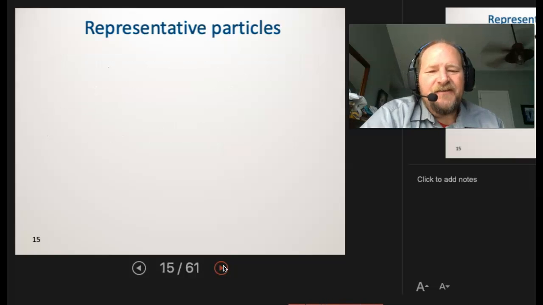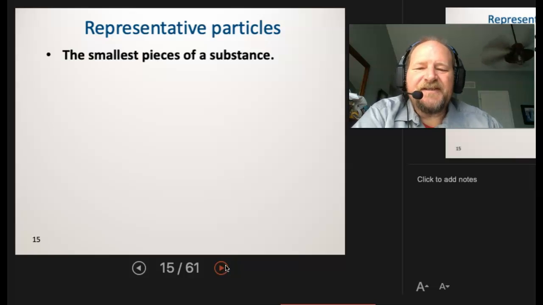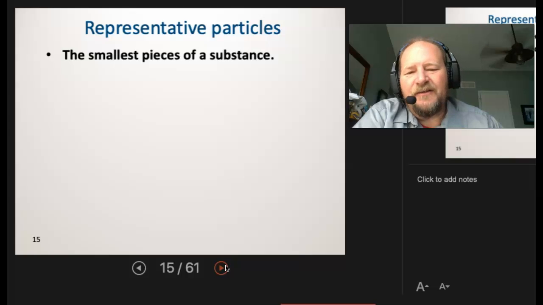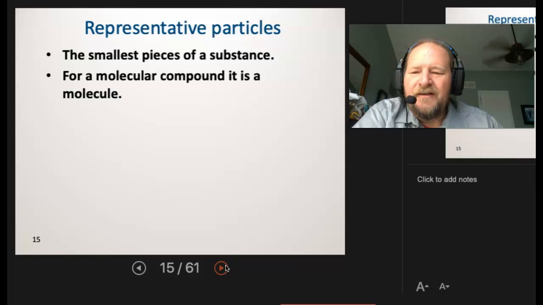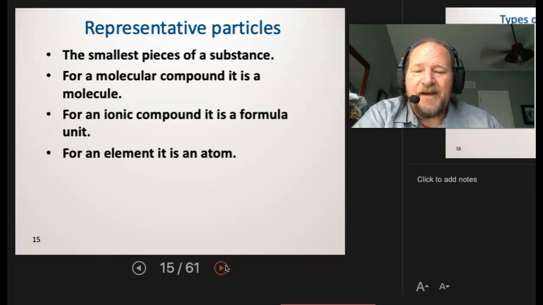All right, so back to those particles. What are representative particles? Well, the smallest pieces of a substance. Now we have to reflect all the way back to like segment 4. For a molecular compound, it's going to be a molecule. So in essence, I can take the mole, the 6.02 times 10 to the 23rd, and make that molecules instead of particles. Or I can make it formula units, or I can make it atoms, or even ions.